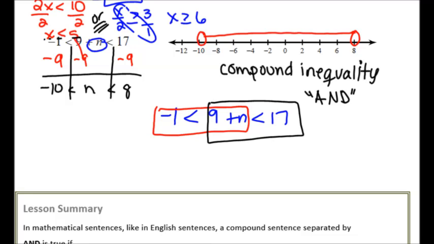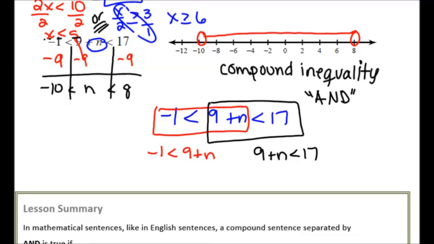So I would put -1 is less than 9 plus n, and the other one would be 9 plus n is less than 17. If you notice, I have the 9 plus n, the 9 plus n, I just split them. So it's really the same thing as what Miss Barley did, but I like to have it separated.